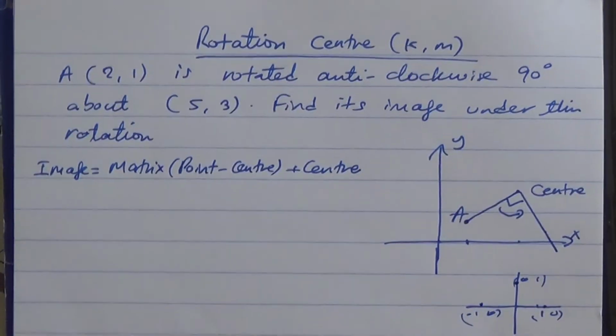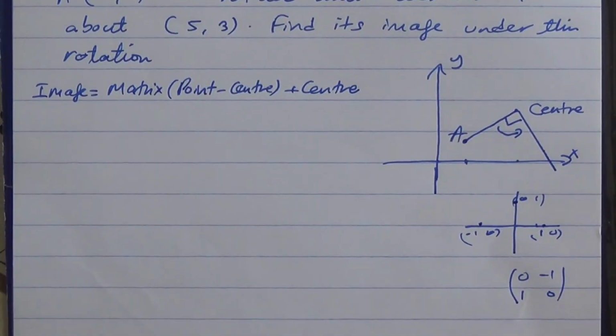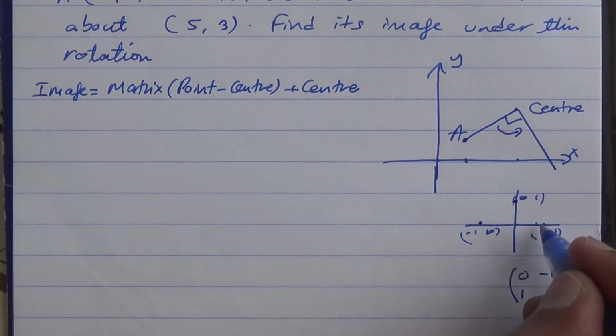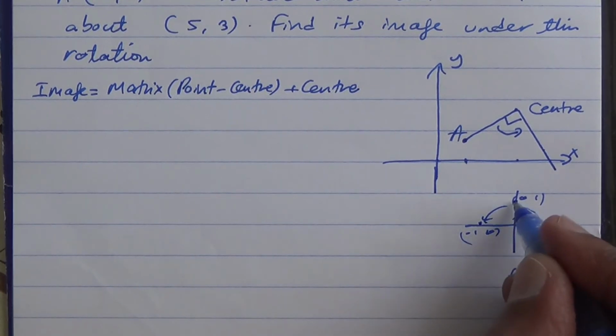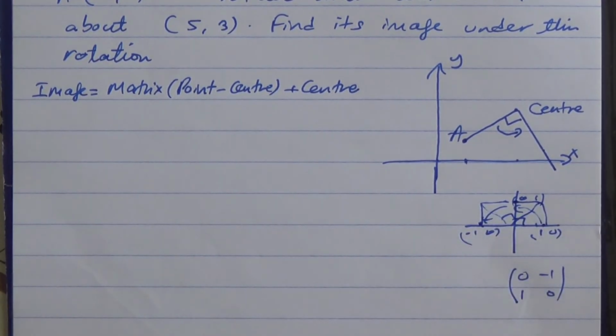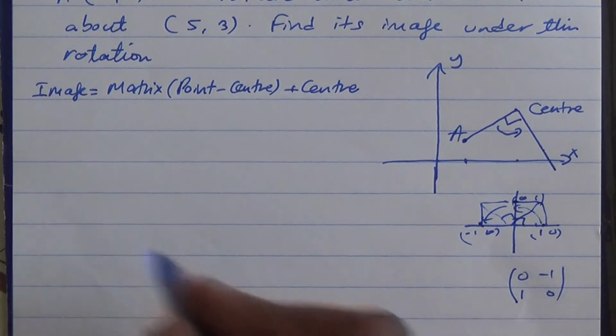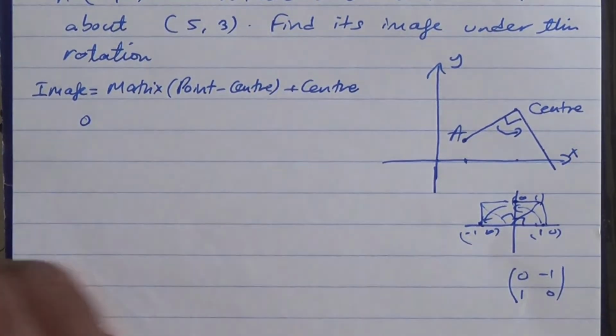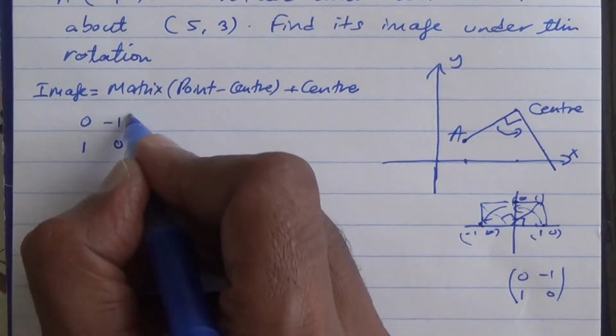You see, I didn't try to remember this by heart. It's not 180, this is 90 degrees. So the matrix is 0, 1, minus 1, 0.